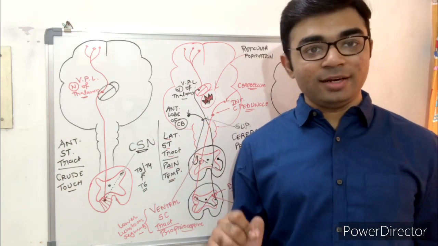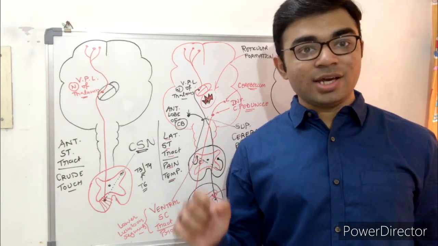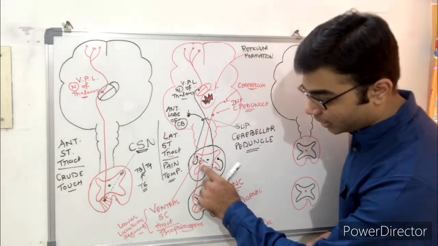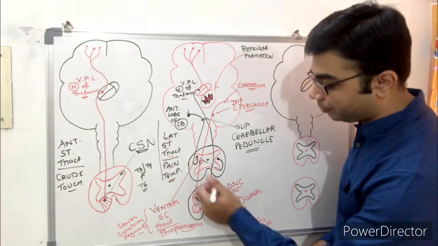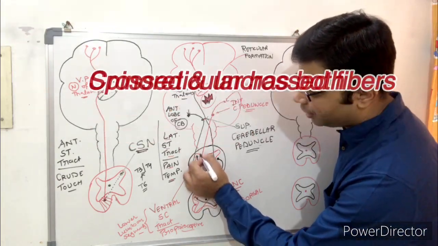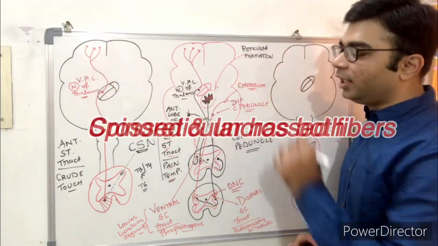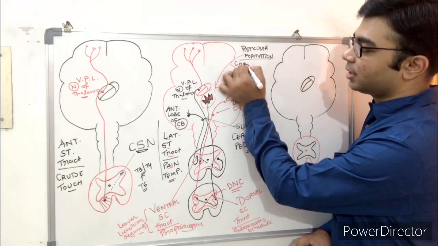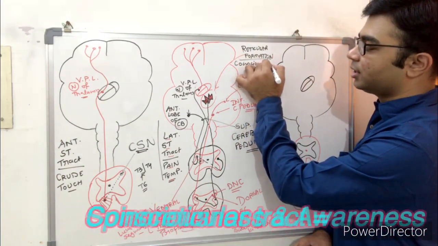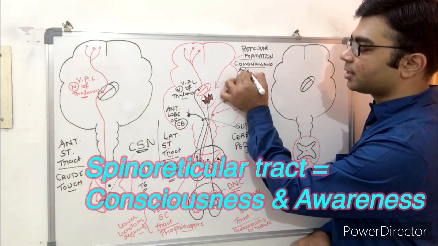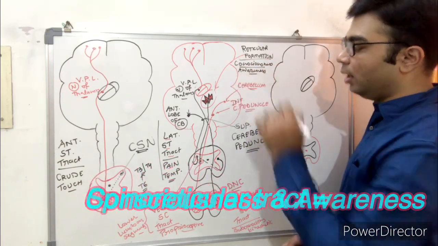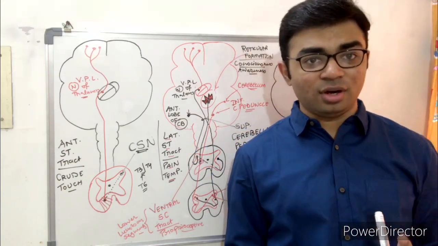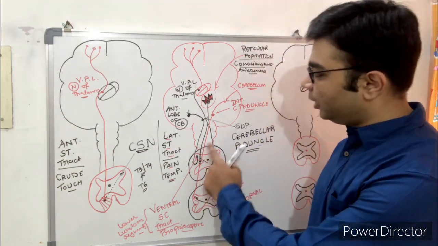So the tract, which is uncrossed, originates from the intermediolateral nucleus present in the lateral horn, and it reaches up to the level of the reticular formation, which is responsible for the consciousness and the awareness of our body. That is the typical sensation carried by the spinoreticular tract.